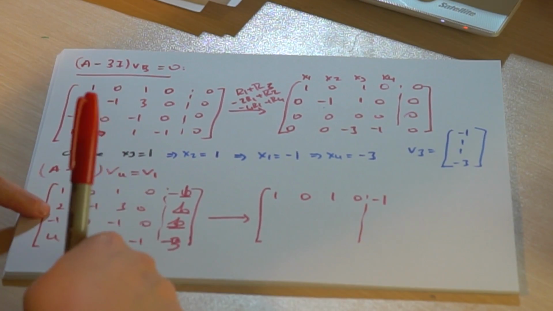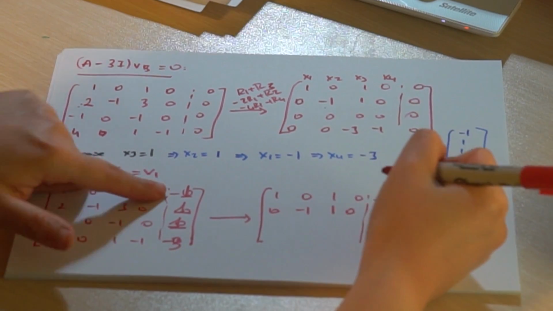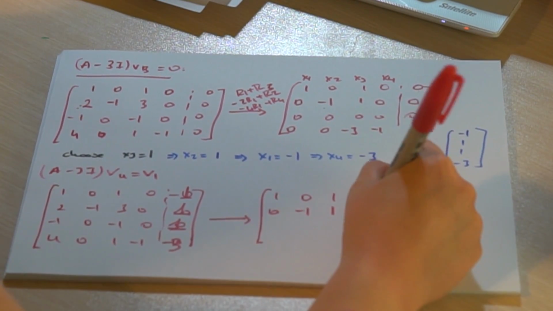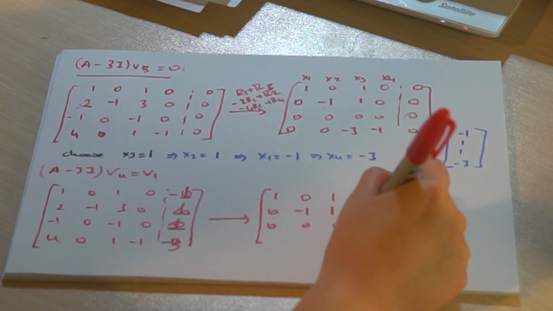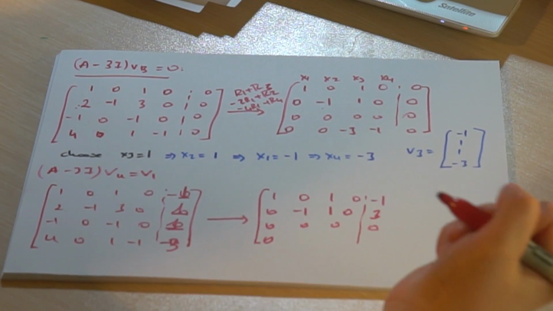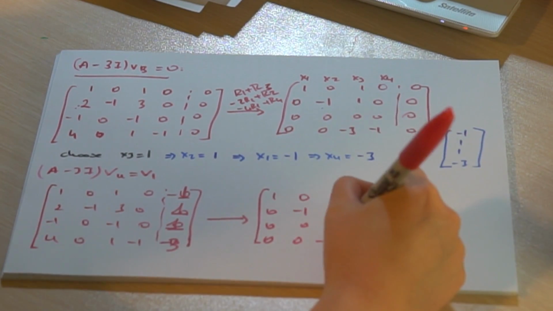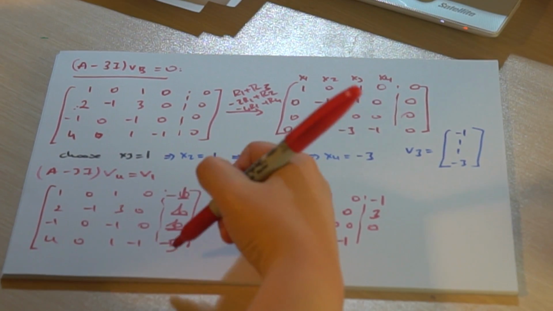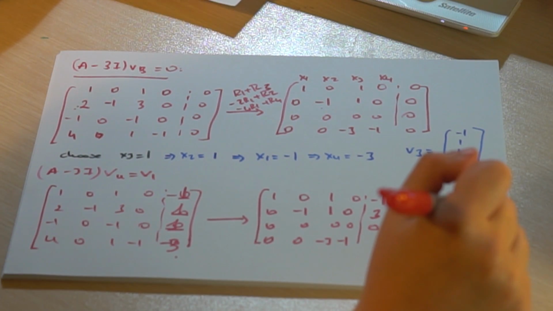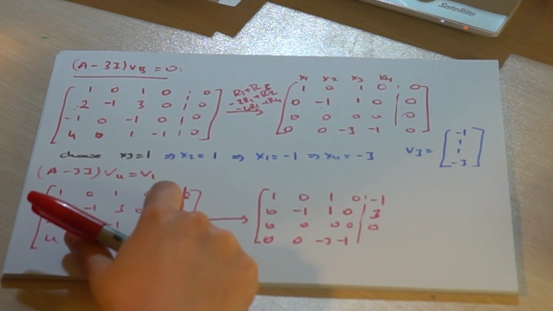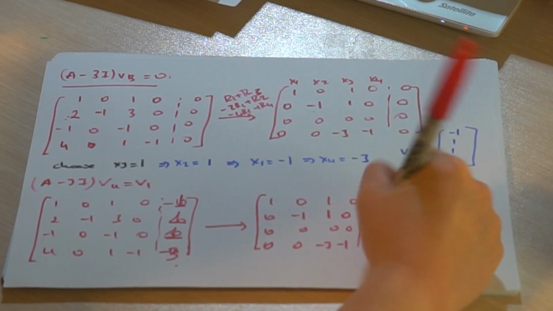If I add minus 2 of this one here, 0, minus 1, 1, 0, minus 2 times minus 1 is 2, 3, and this one will become 0, 0, 0, 0, and this one becomes 0, minus 4, 0, minus 3, minus 1, plus 3, minus 3. Okay, sorry, minus 4 times minus 4 is 4, so this will be 1.